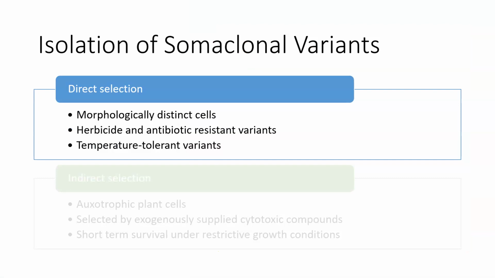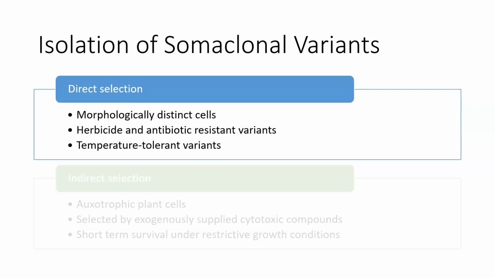There are several different approaches to detect and isolate somaclonal variants from cultured plant cell populations. Morphologically distinct cells, such as non-photosynthetic or non-green cells, and cells that accumulate anthocyanins or other plant pigments, are detected visually. To isolate herbicide and antibiotic-resistant variants, plant cells are simply grown on herbicide or antibiotic-supplemented media.